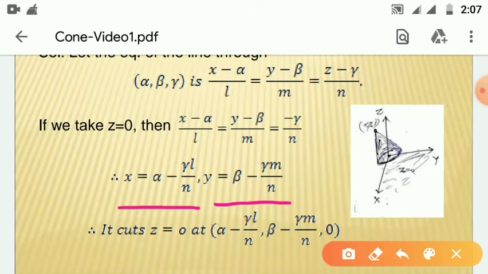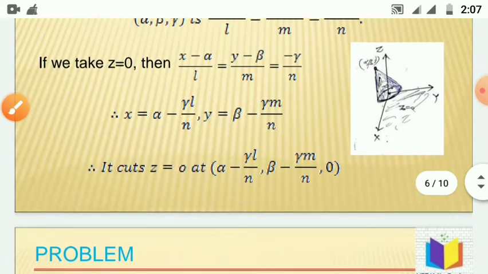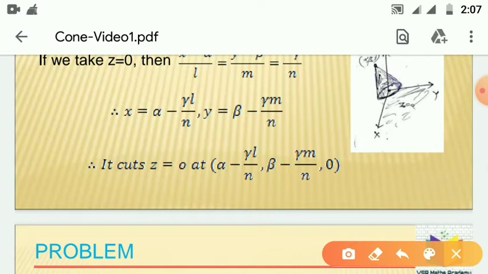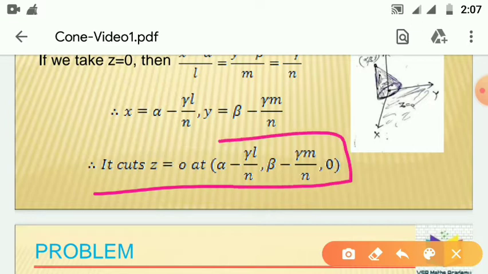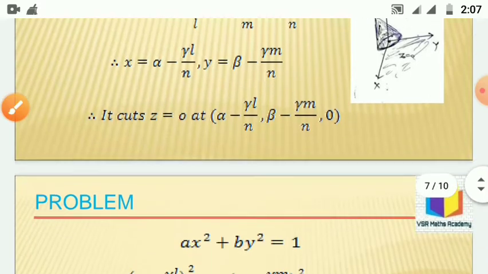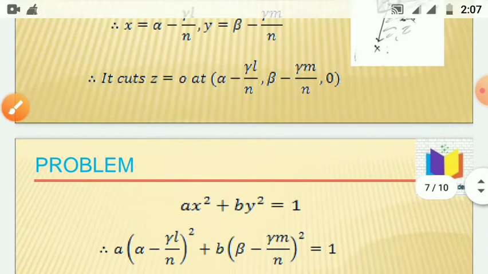And here what is z? z is obviously 0. Therefore the intersecting point of the generator with the base curve is alpha minus gamma l by n, beta minus gamma m by n, 0. This is the intersecting point of the generator with the base curve.